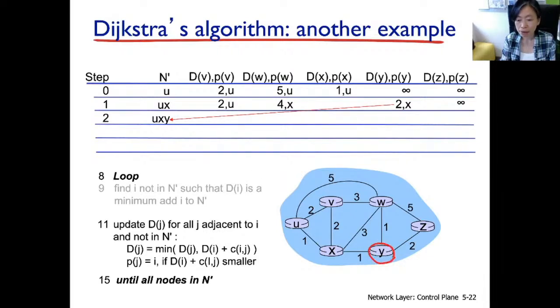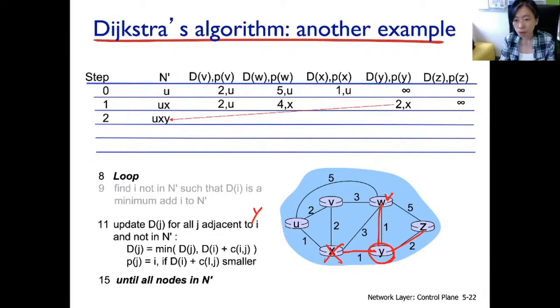So y here is the i for the second iteration. So again, we walk through all the nodes adjacent to y, which includes x, w, and z. But these nodes cannot be in N prime yet. Let's see, x is already in N prime, so let's exclude that, and then consider only w and z.